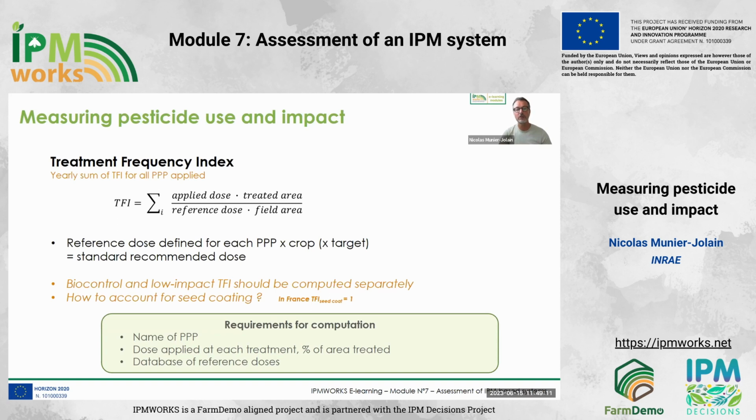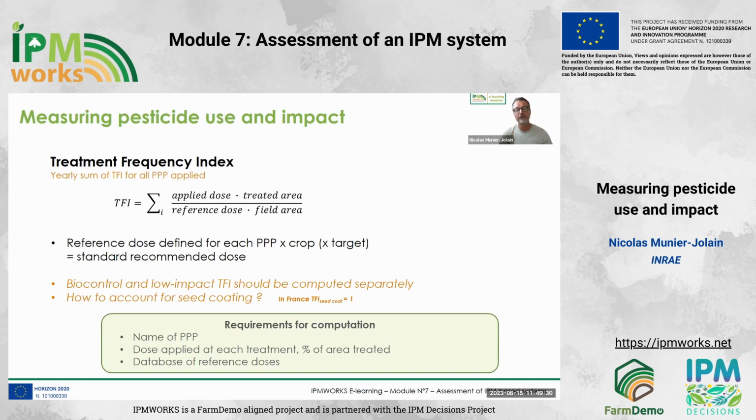If you wish to compute the reliance of agriculture on chemical pesticides, then you should assess the treatment frequency index separately for chemical pesticides, and for biocontrol and low impact pesticides.